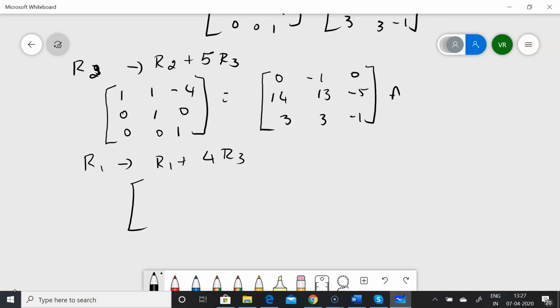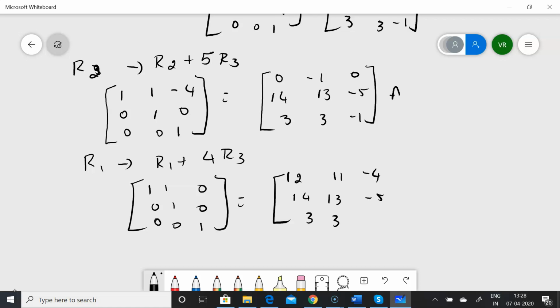That gives you 1, 1, 0, 0, 1, 0, 0, 0, 1, which is equal to 12, 11, minus 14, 14, 13, minus 5, 3, 3, minus 1 into A.